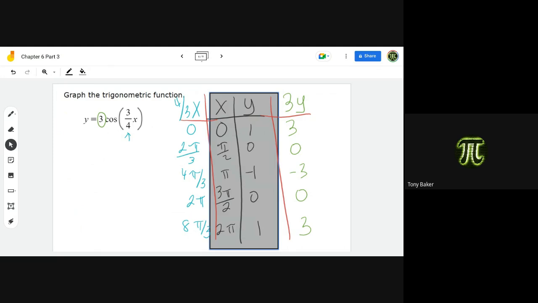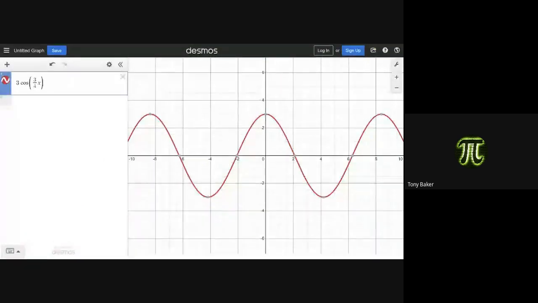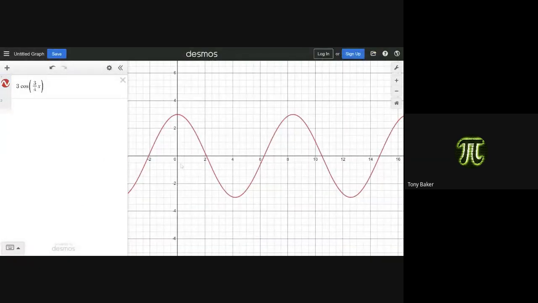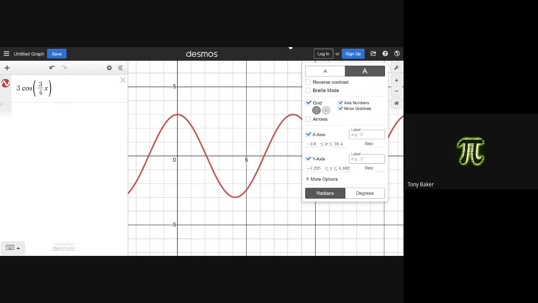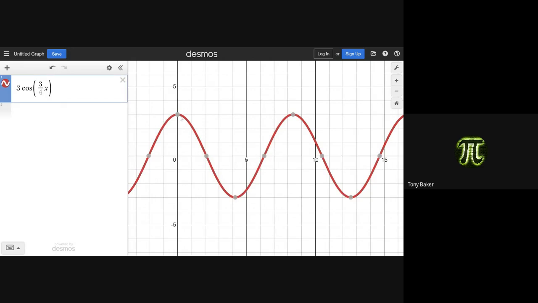So if we look at this, we have 0, 3. Two pi over 3, 0. 4 pi over 3, negative 3. 2 pi, 0. 8 pi over 3, 3. Those are the 5 points I just got.